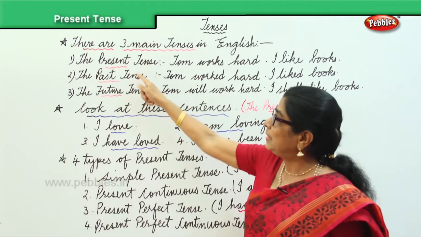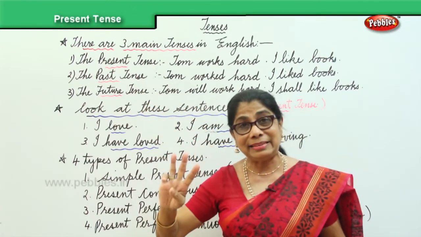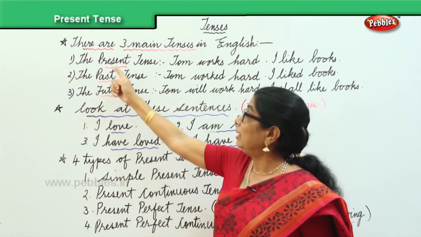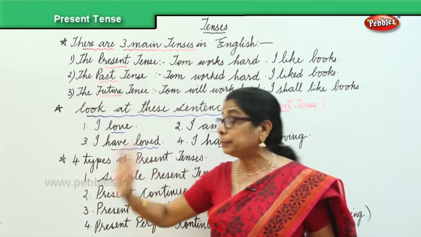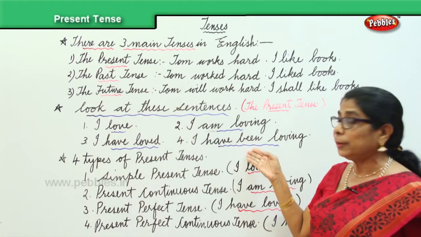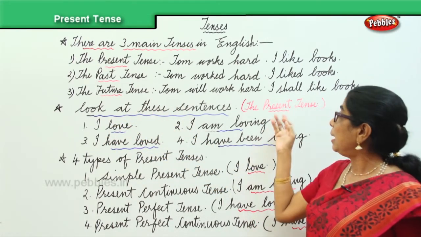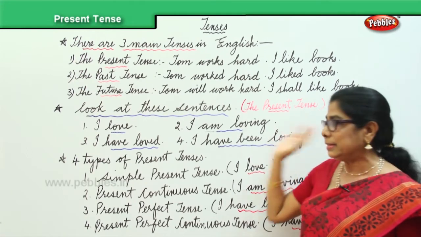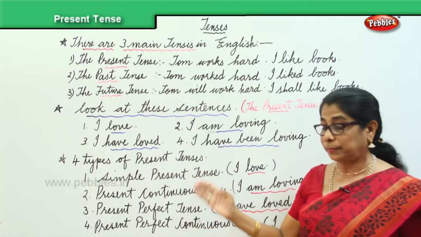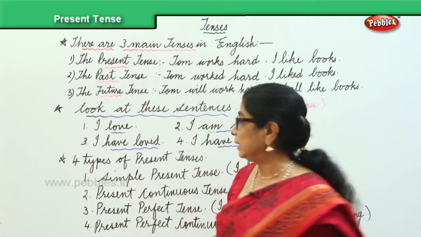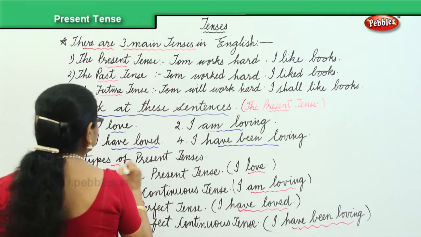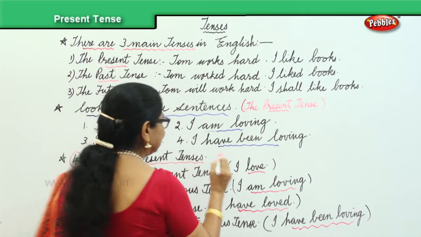Now in each of these three main tenses, there are four forms. We are taking the first, the present tense. We are going to look at these four sentences very closely. In the present tense, we have four types of present tenses.